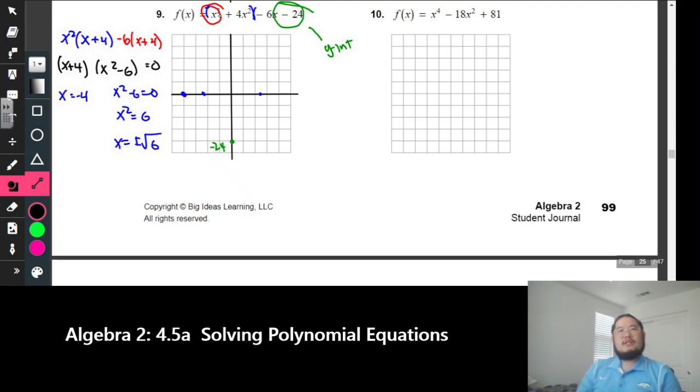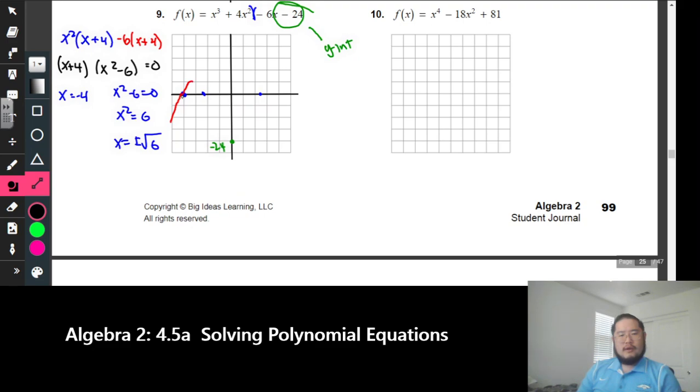So this is, once again, we know that it's an odd power, odd degree. But it's going to start down here, and it is going to go up to negative 4. Since there's only one solution at negative 4, it's going to go through.